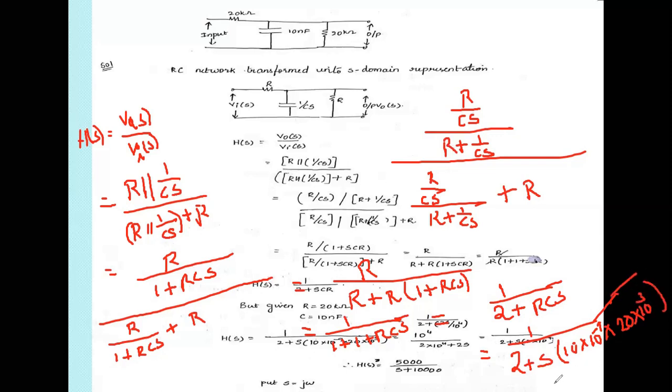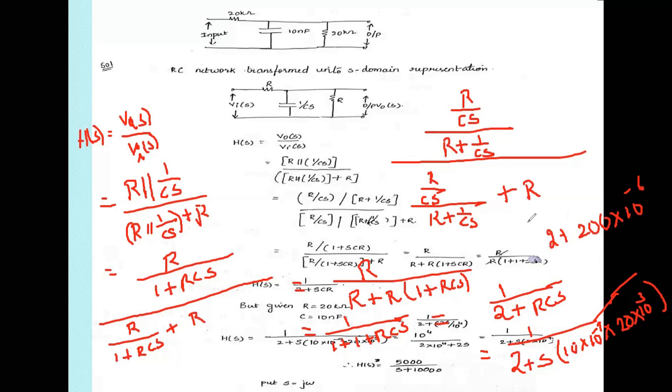Got it, my students? Simplify this function. The H of S is equal to, we got 10 into 20 is 200. 10 power minus 9 and 10 power 3 is 10 power minus 6 remaining. 200 into 10 power minus 6 is remaining.